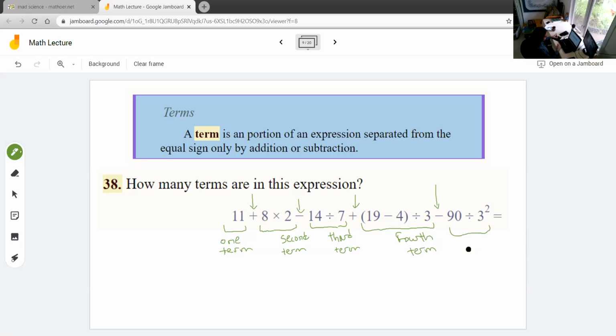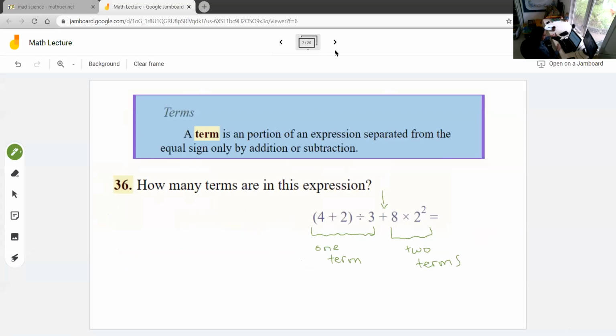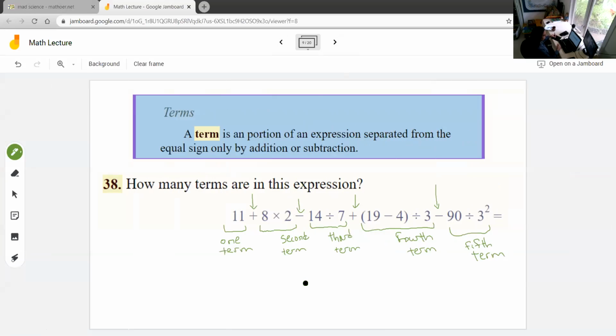And then we have a fifth term here. Okay, so at this point, you don't know why we care, but any questions about these three slides, about how to break up one of these long expressions into terms? Everyone's happy. Okay.